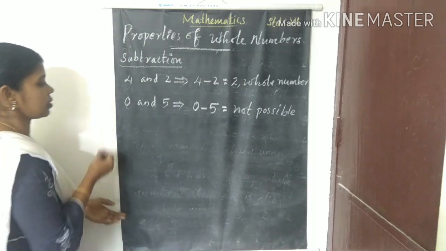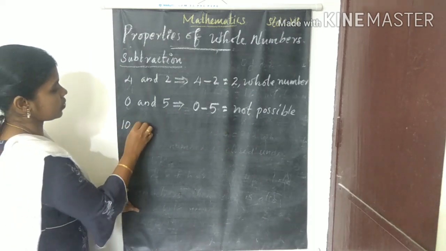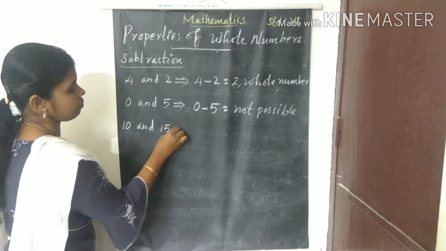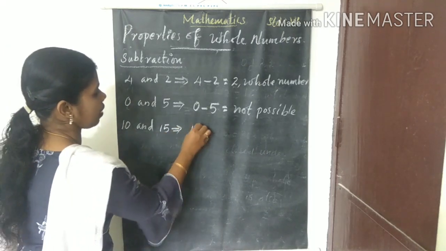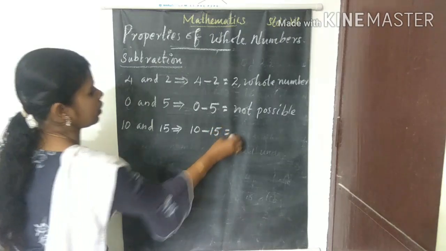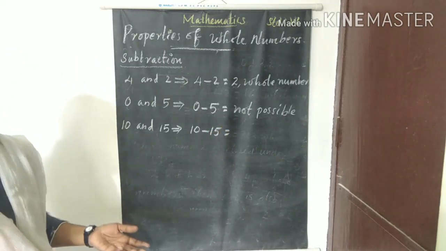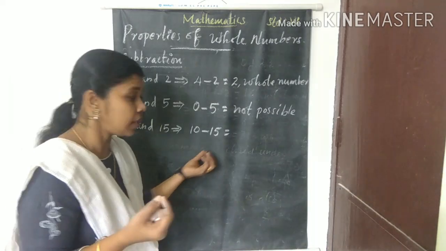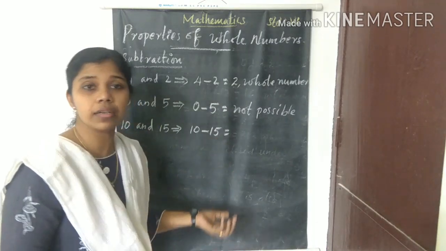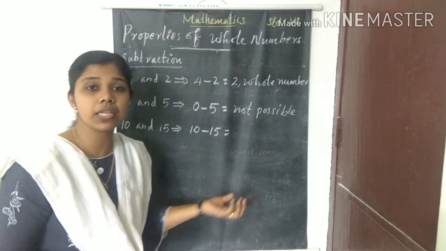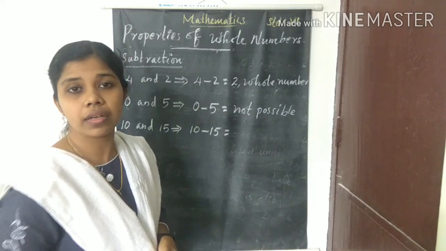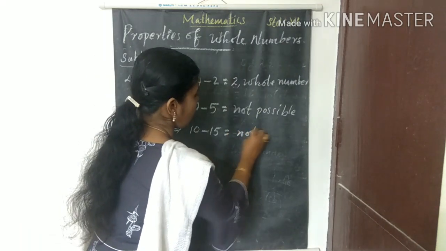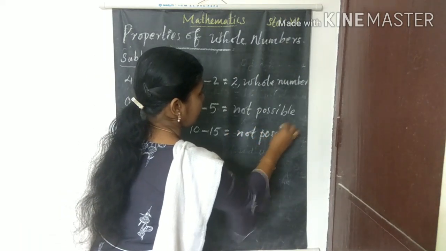I take another example, 10 and 15. What is 10 minus 15? Here 10 is the smaller number and 15 is the bigger number. A smaller number minus a bigger number is not studied, that means it is not possible.